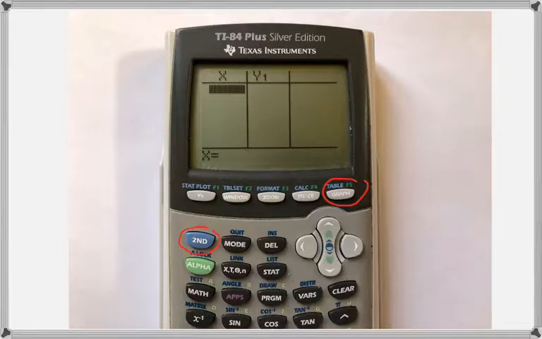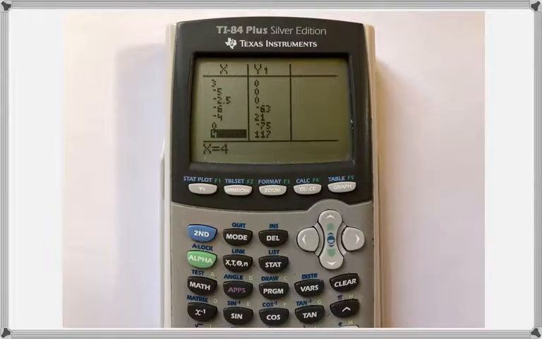If I type in the cutoff points themselves, so 3, negative 5, and negative 2.5, these should each register as 0 when you plug them in, because that's where it's equal to 0. So this is a good check to make sure that you have the right cutoff points. Then I need to pick points within the regions, and you'll see here I have negative 6, negative 4, 0, and 4.